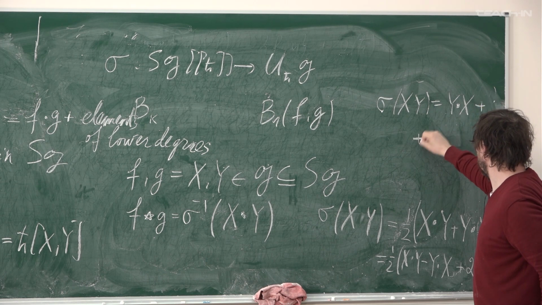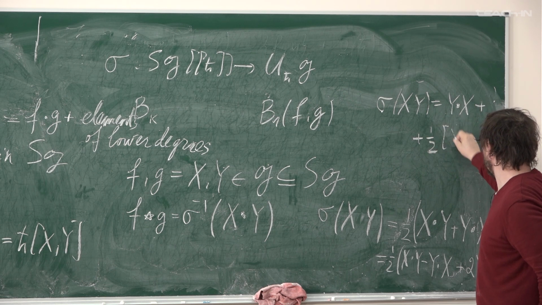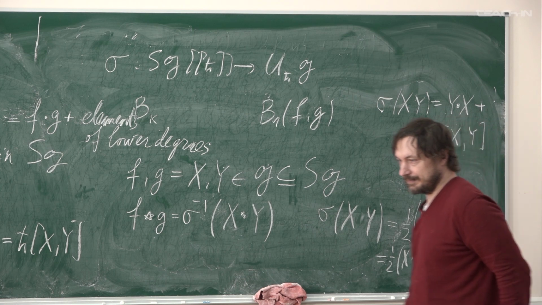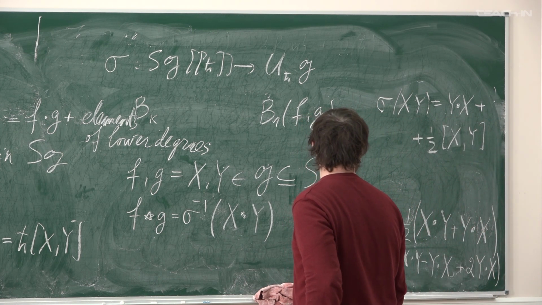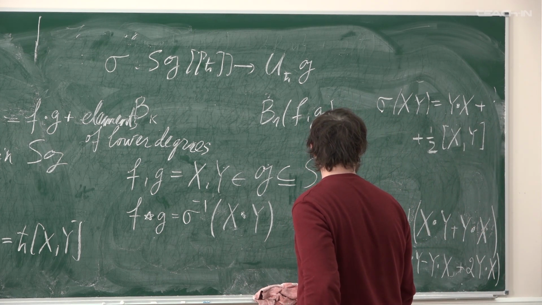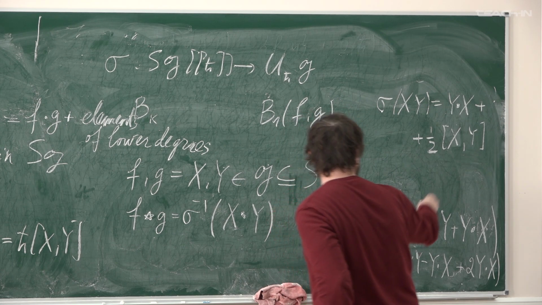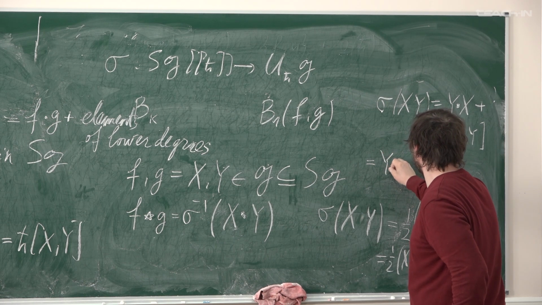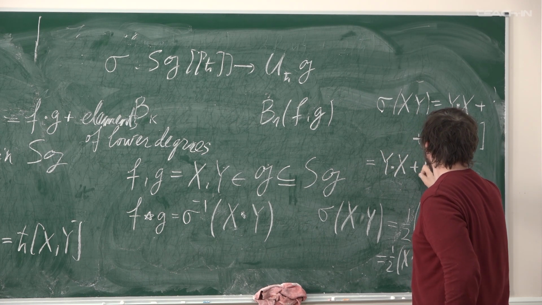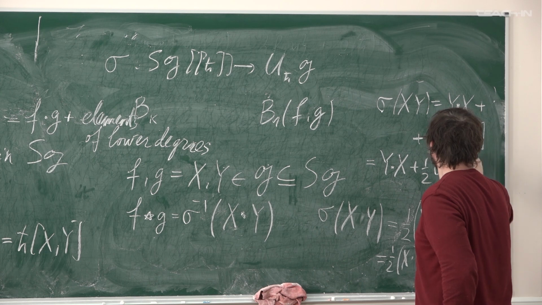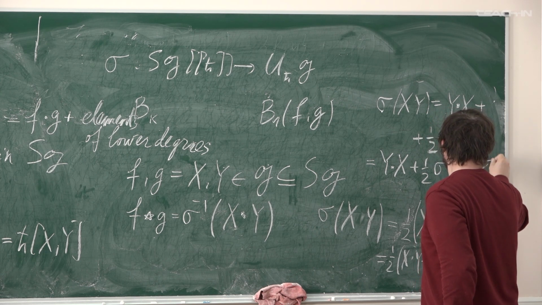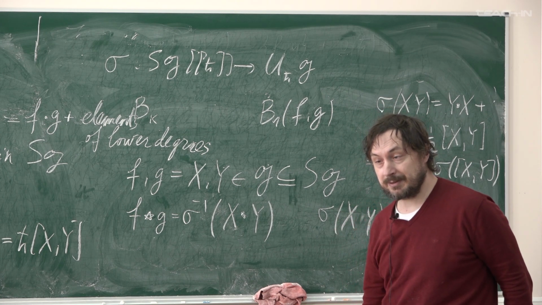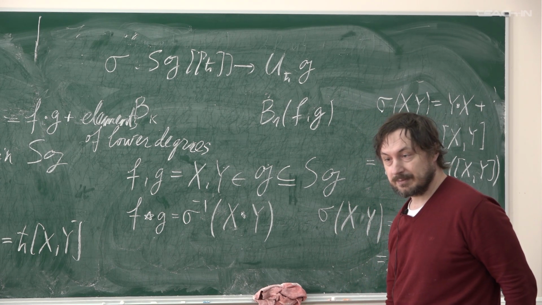Plus 1/2 x comma y. Nice. But this is just equal to, continue, y dot x plus 1/2 sigma of x comma y, because on linear elements sigma is just the identity map, nothing else.